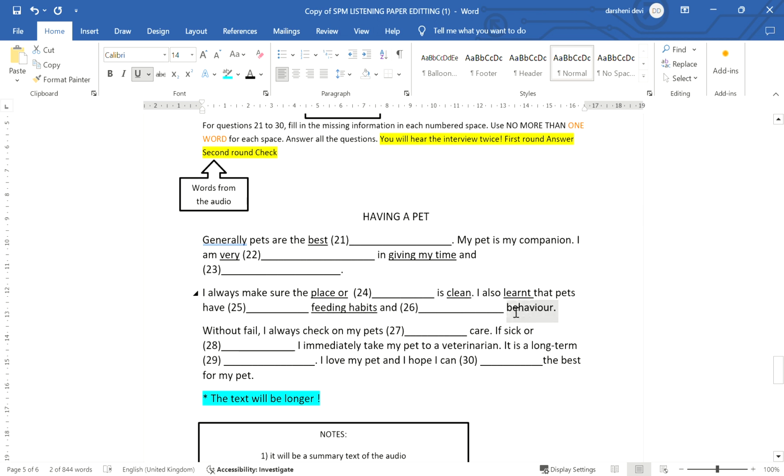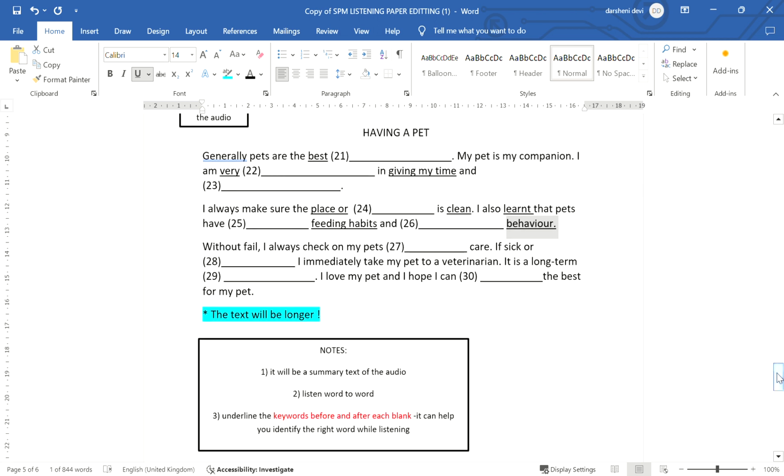And here also behavior. That means there is a word missing following feeding habits, and maybe there's another word missing which talks about the behavior. Let's look at here. Check on my pets. So this can also be the words. That's why I say underline the keywords, not just one word. It can be more than one word.